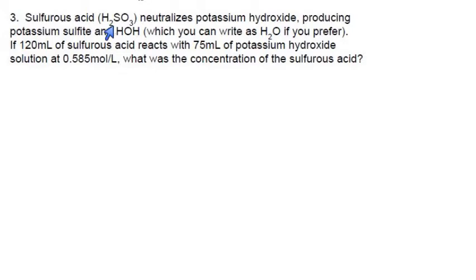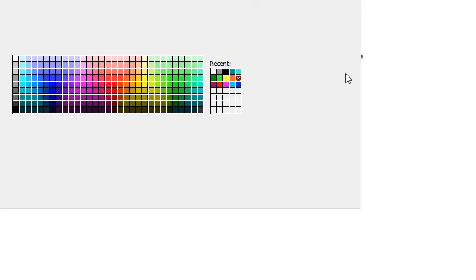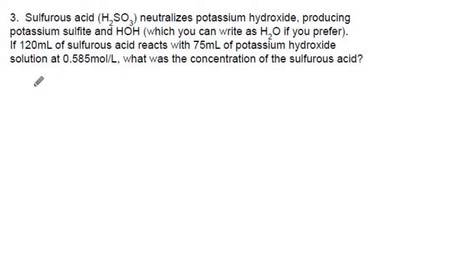All right. Sulfurous acid neutralizes potassium hydroxide. So we have an acid and a base fighting in this reaction. Sulfurous acid, H2SO3, they say neutralizes, which is short for reacts with potassium hydroxide.